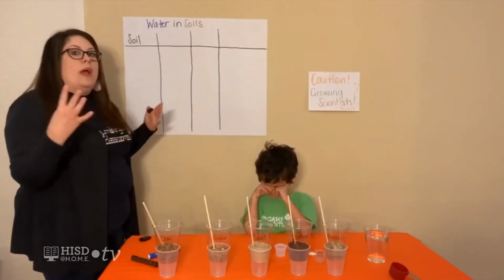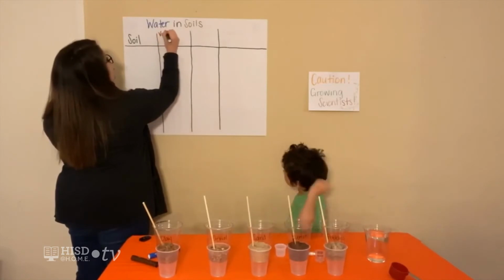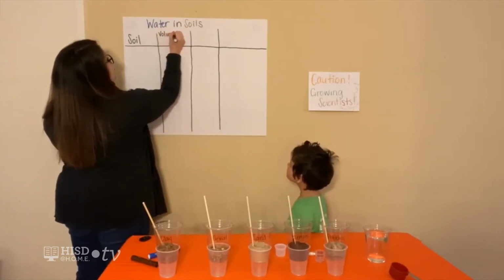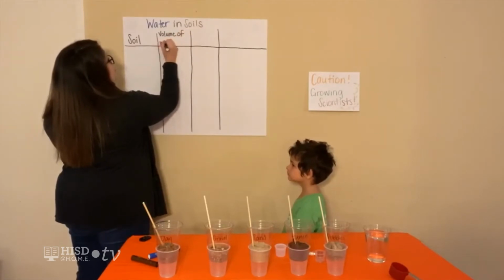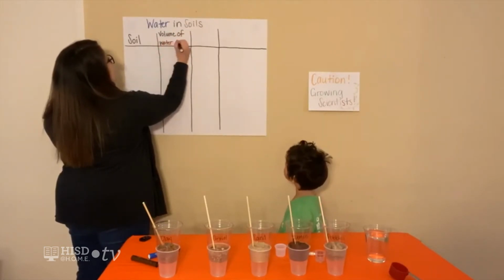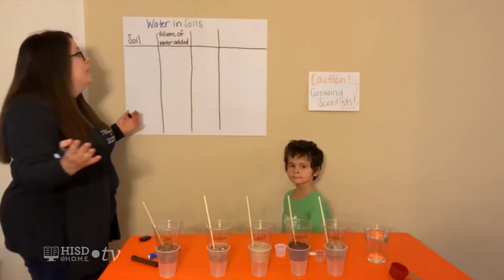So I need to know how much water I'm adding to each soil. So I'm going to put volume of water added. What that means is how much water am I putting in each one.